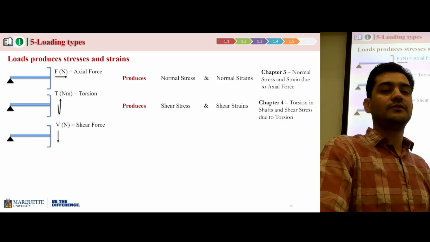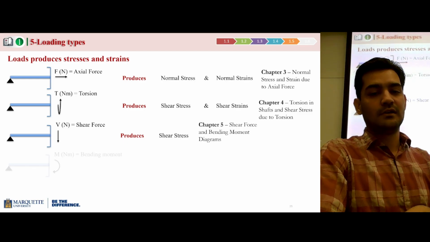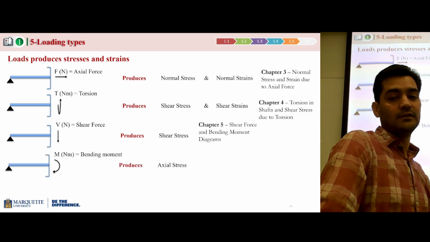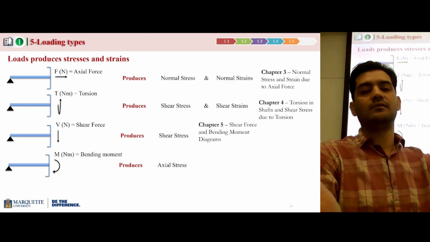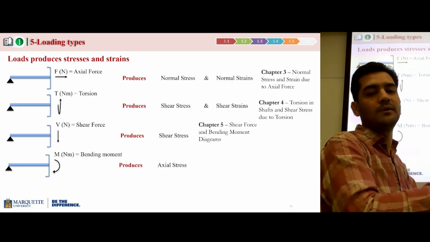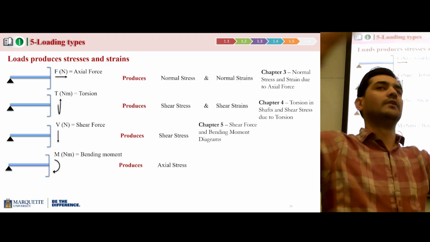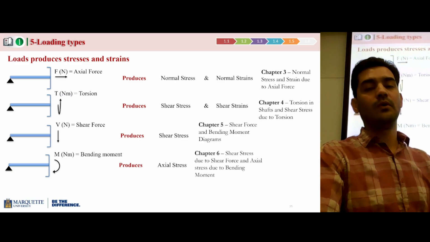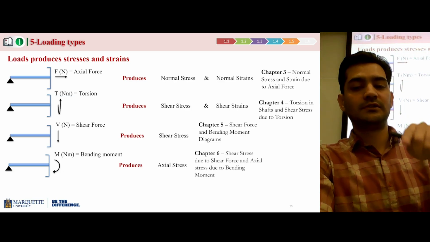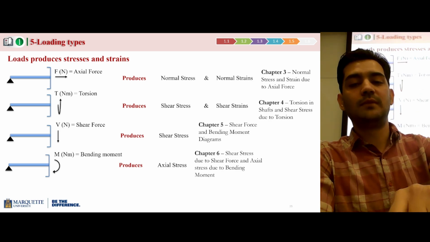When you have shear force, that produces shear stresses. If you have bending moment, that also produces stresses, but these are a different type of stresses. These are axial stresses. When we review those chapters, it's going to be easy for you guys. Right now, I'm just giving you an overview of what kind of stresses you can expect. We're going to talk about shear force and bending moment and the stresses they cause in chapter 6.